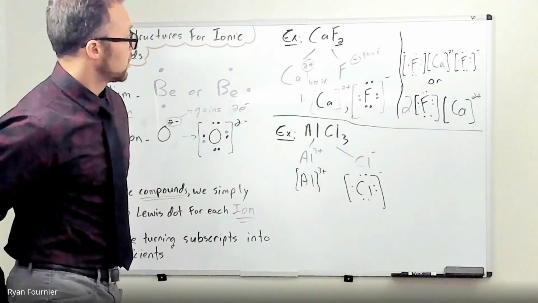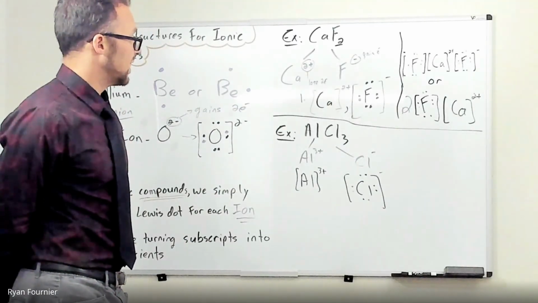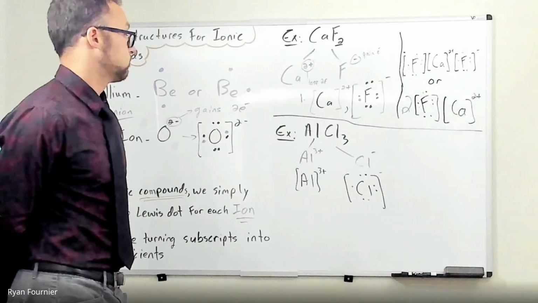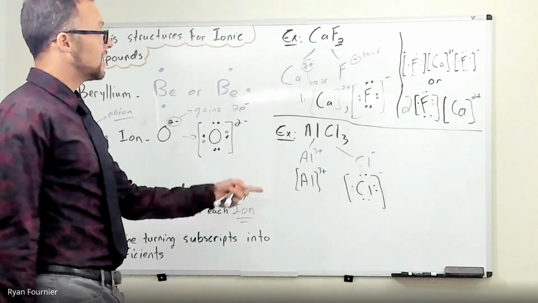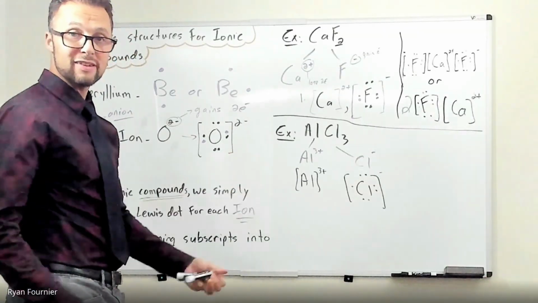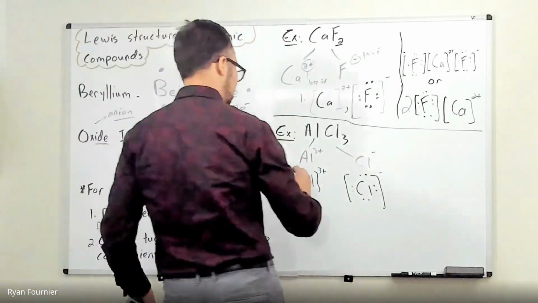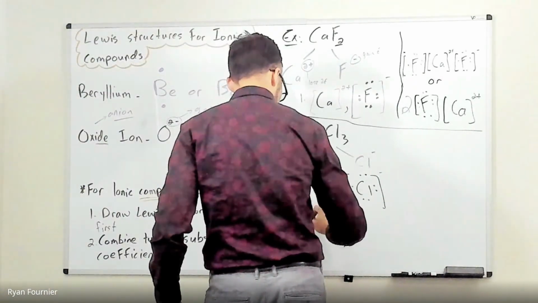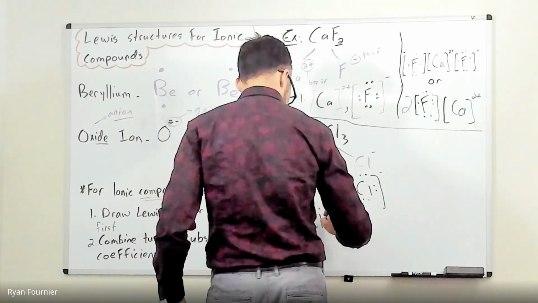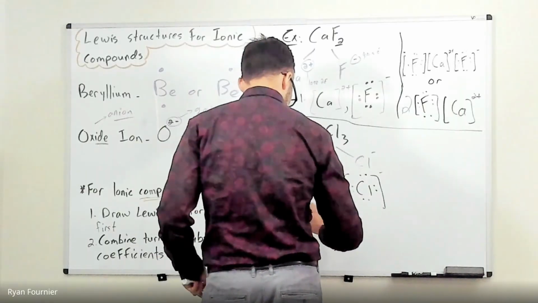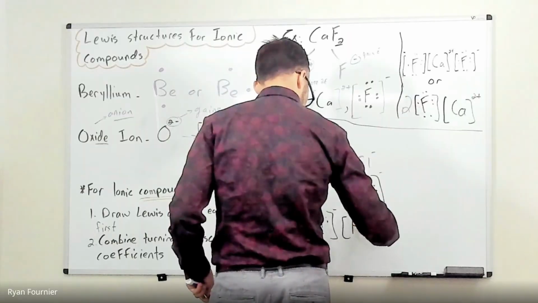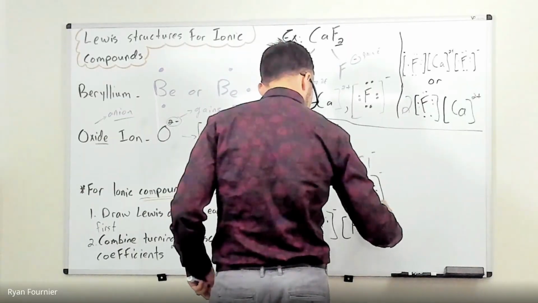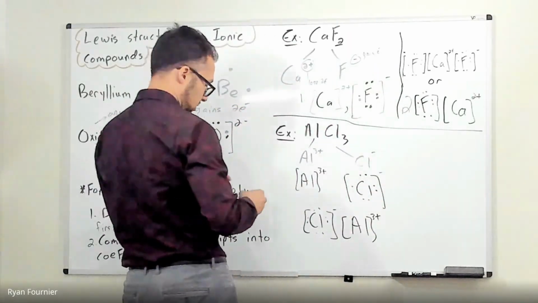Okay, so now this has 3 chlorines. I find for the bigger one here, it's probably easier to just go Cl with the 8 electrons around it here, Al 3 plus, and then just put the coefficient.